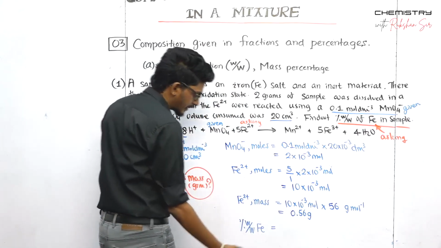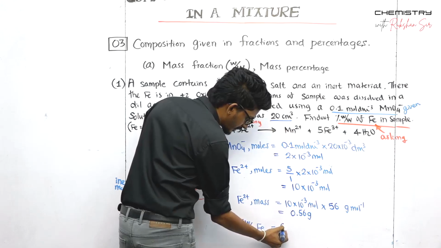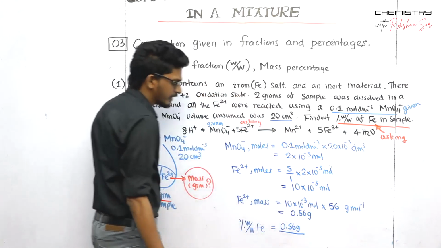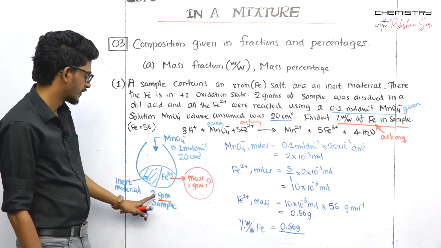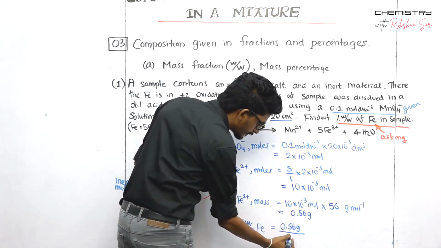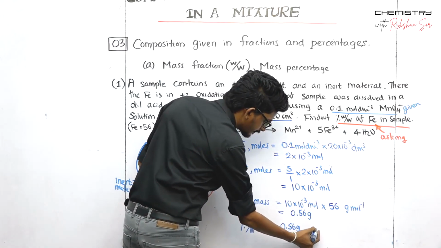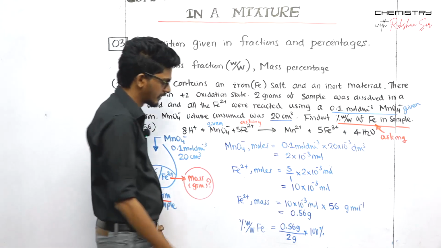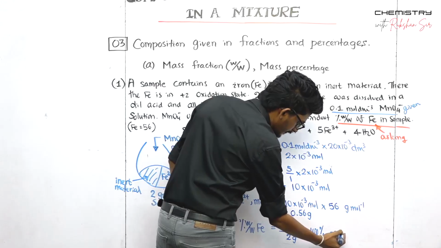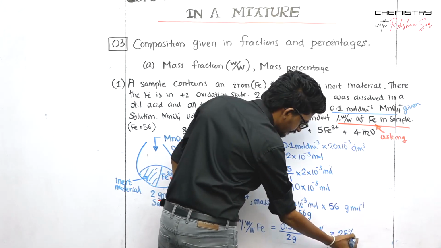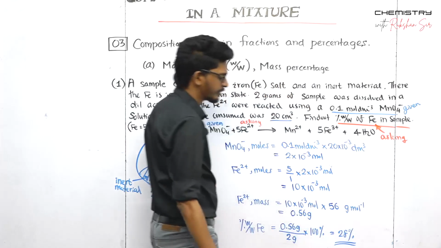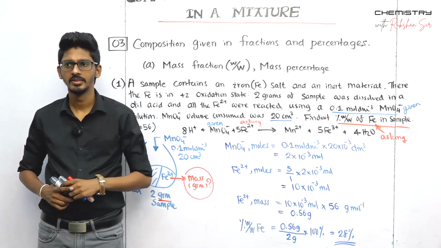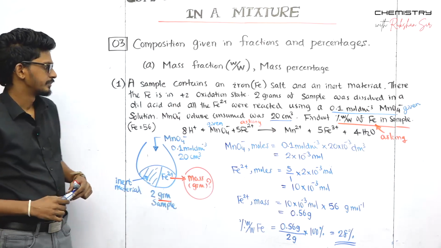Weight percentage means the mass of the concerned substance, that is 0.56 grams, divided by the mass of the total sample, that is 2 grams, into 100. So it is going to be 28%. That is your answer. Just complete the stuff.